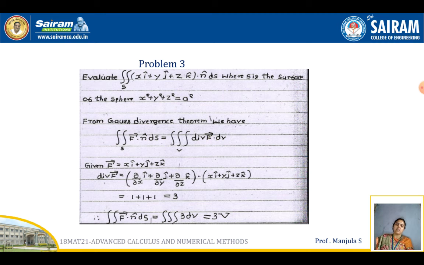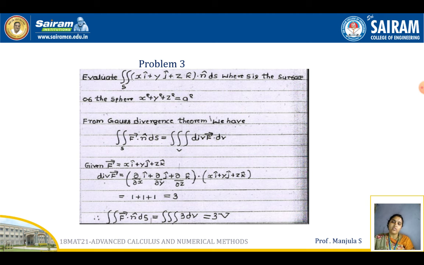So we'll write the Gauss divergence theorem formula. We have to write the double integration over S of vector f dot n cap with respect to S, which is equal to the triple integration over V of divergence of f dV. Here vector f is x i plus y j plus z k cap.